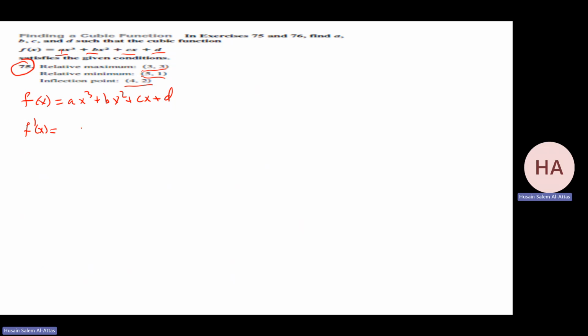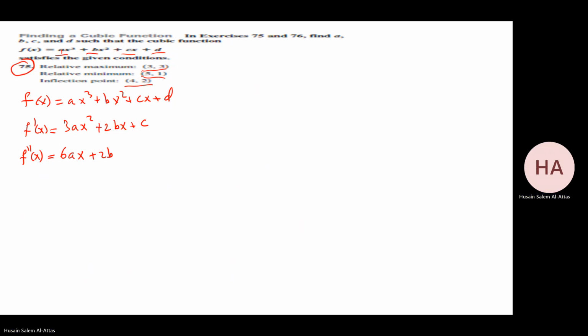F prime will be what? 3ax squared plus 2bx plus c. Also, I need f double prime, which is 6ax plus 2b. Actually, what I need is 4 equations. Actually, I have more than that.